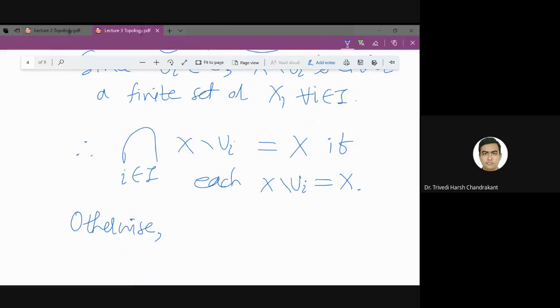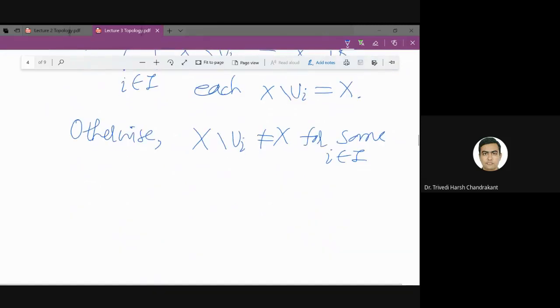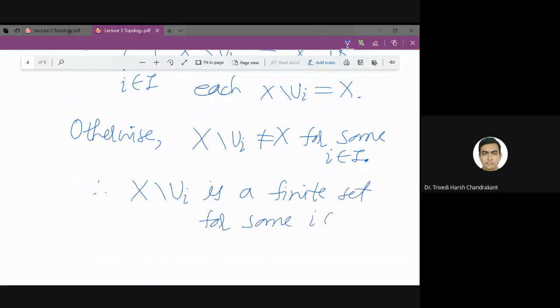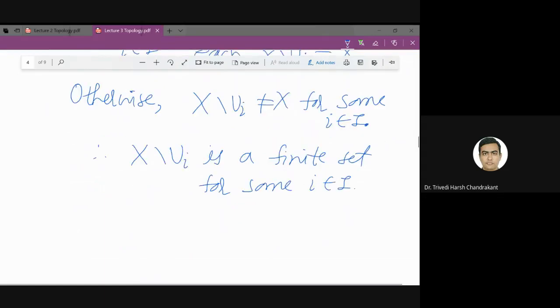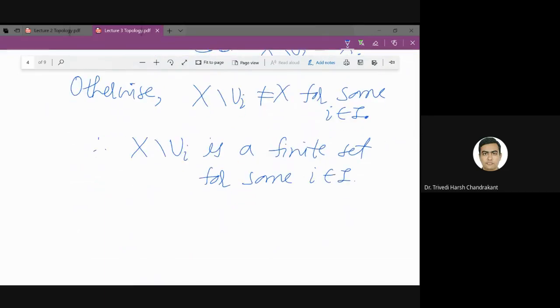So otherwise, X minus ui is not equal to X for some i in I. So in this case, what will we get? It is not X, which means it is a finite set. So X minus ui is a finite set for some i in I. And from this, what will we get?